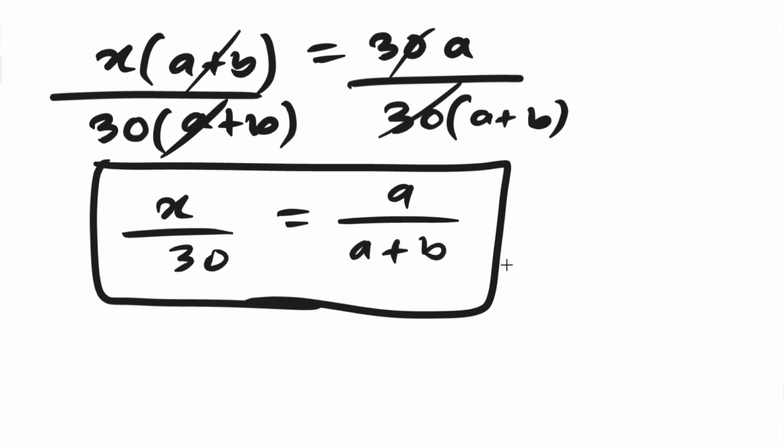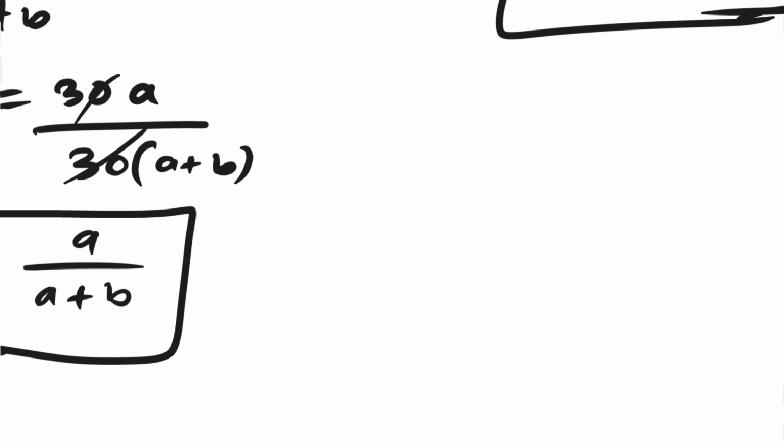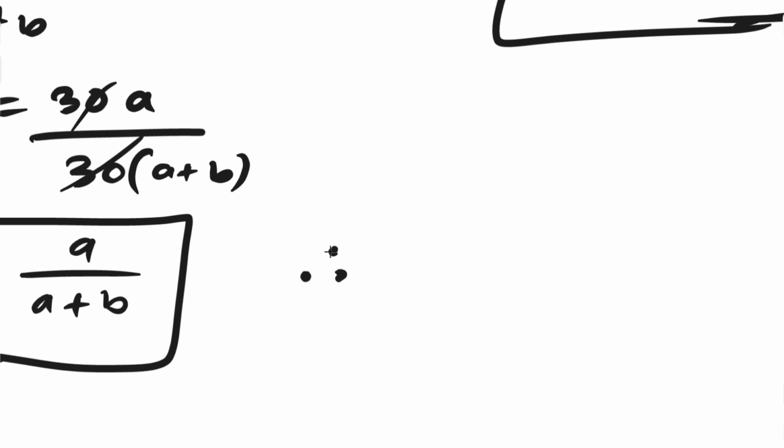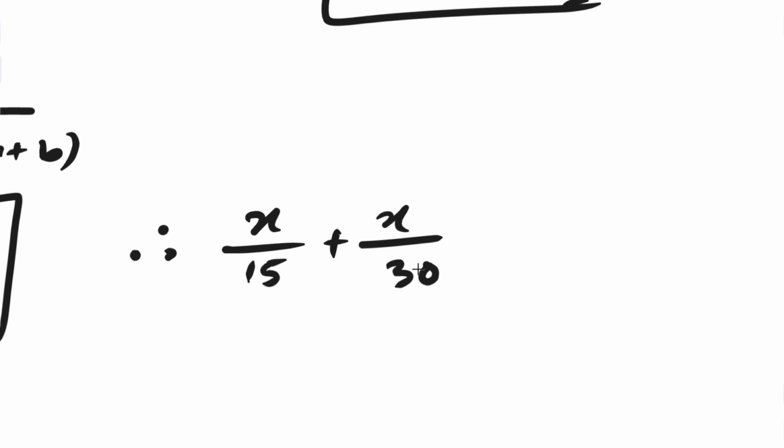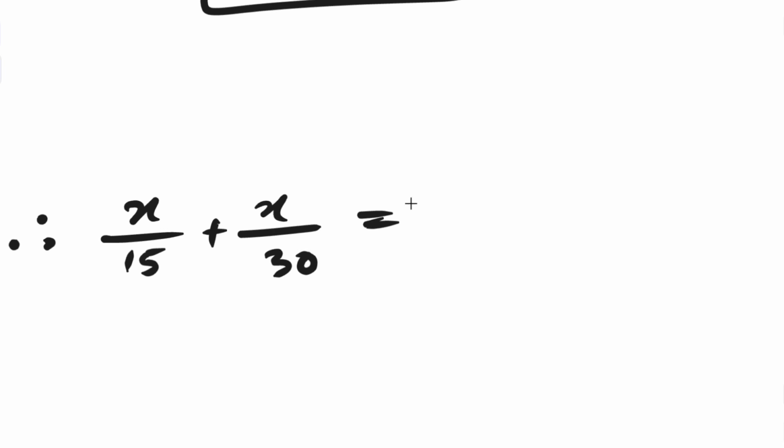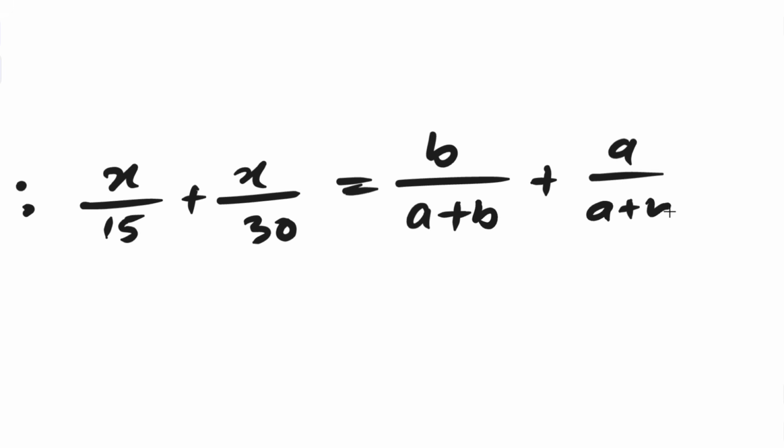There is a much cleaner move. We simply add these two equations together. So, on the left side, we have x divided by 15 plus x divided by 30. On the right side, we have B divided by A plus B plus A divided by A plus B.